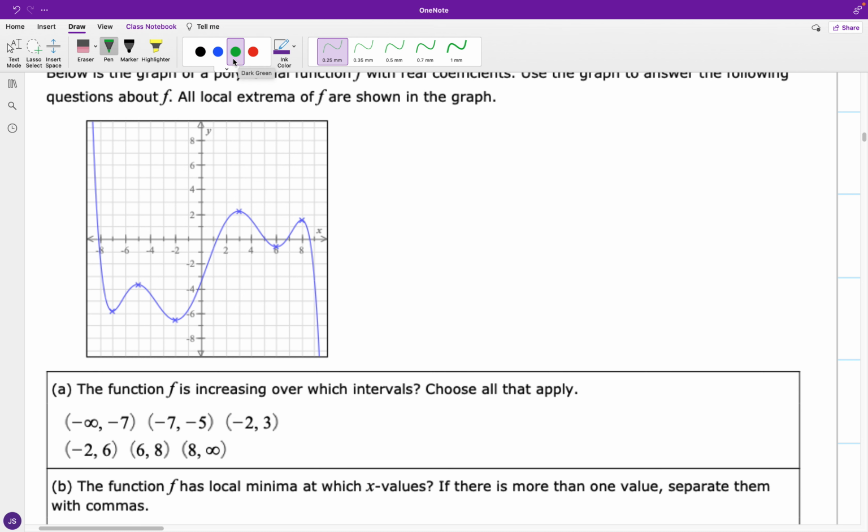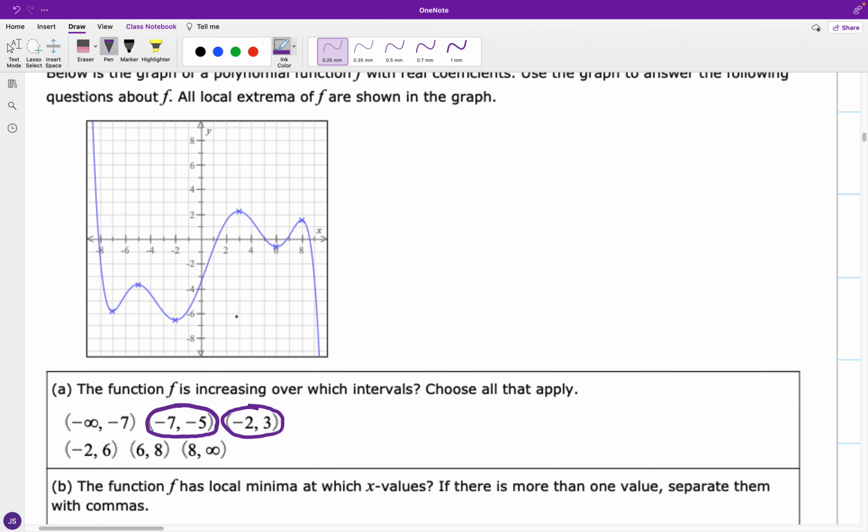Looking at what we have here, between negative infinity and negative 7, instead of an increase, you have a decrease. Between negative 7 and negative 5, you have an increase. And between negative 2 and 3, yes, that's going upward, so that is going to be in the mix.